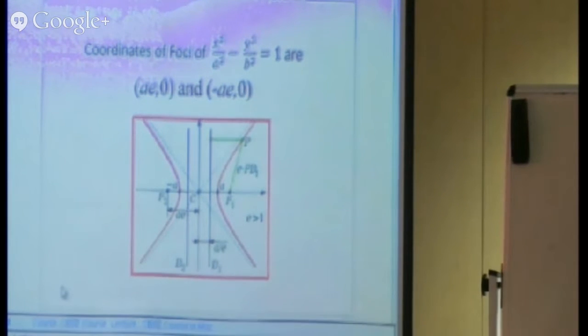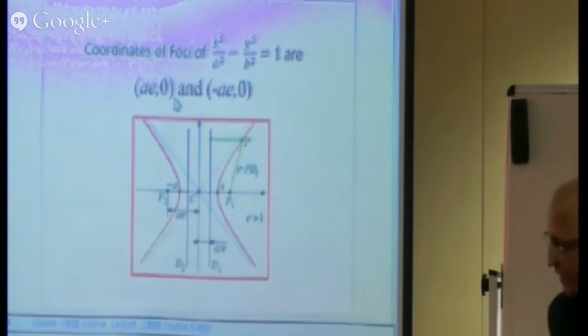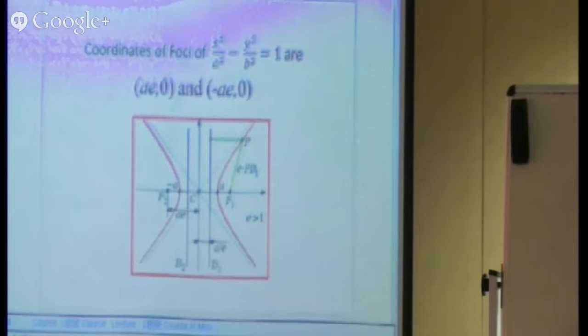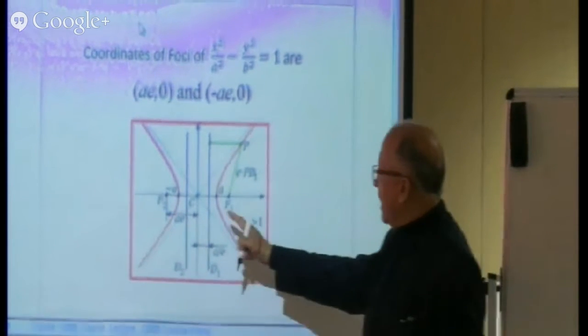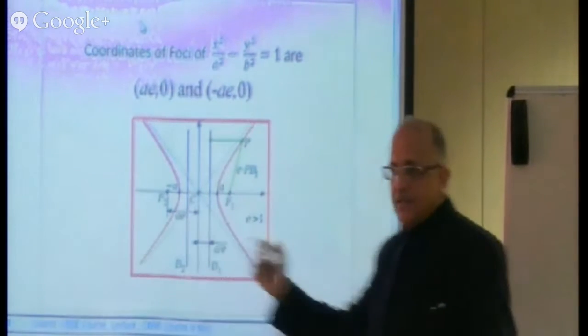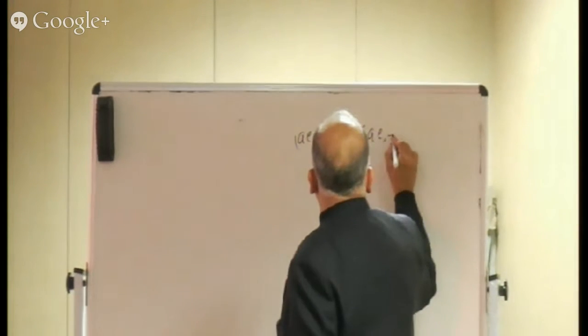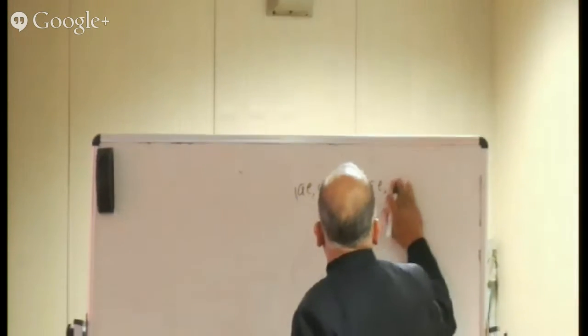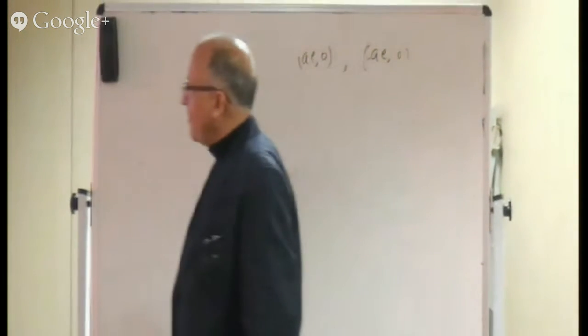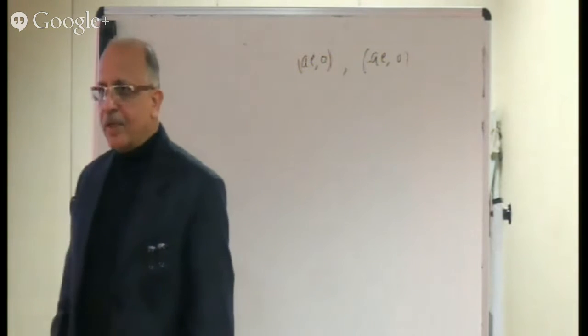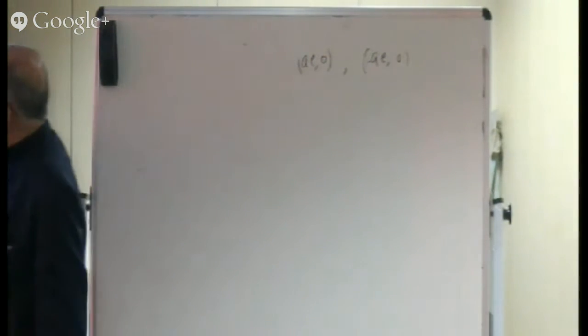If you have already done it, very fine. If you have not done it, just see. So (ae, 0), and because the two foci are symmetrically located, one on the right side of the y-axis, the other on the left side, the other one will be (minus ae, 0). Is that okay?